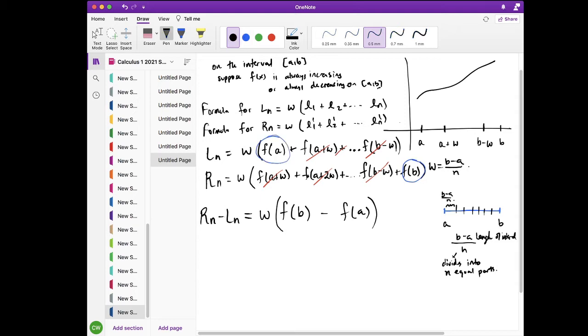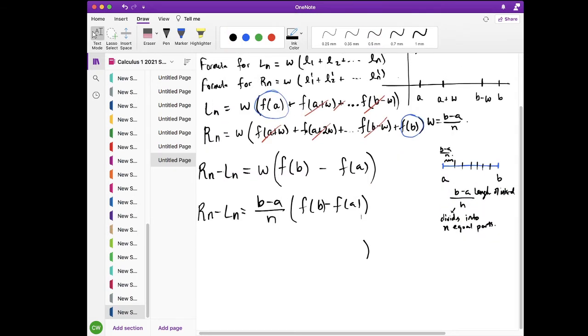So now let's bring back what w is. Okay, so why do that? What is the limit as n goes to infinity?